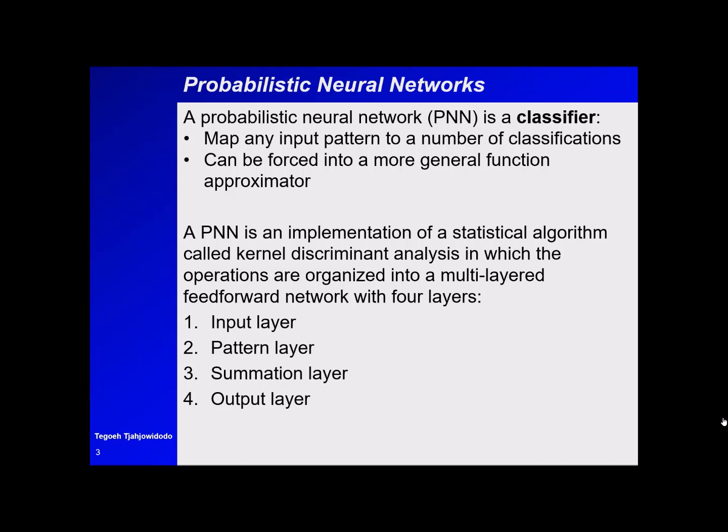The nice thing about PNN compared to the other approaches we have already discussed is that, from the sample that we have, we assume that the density function, the distribution of the population in our data, is normal.